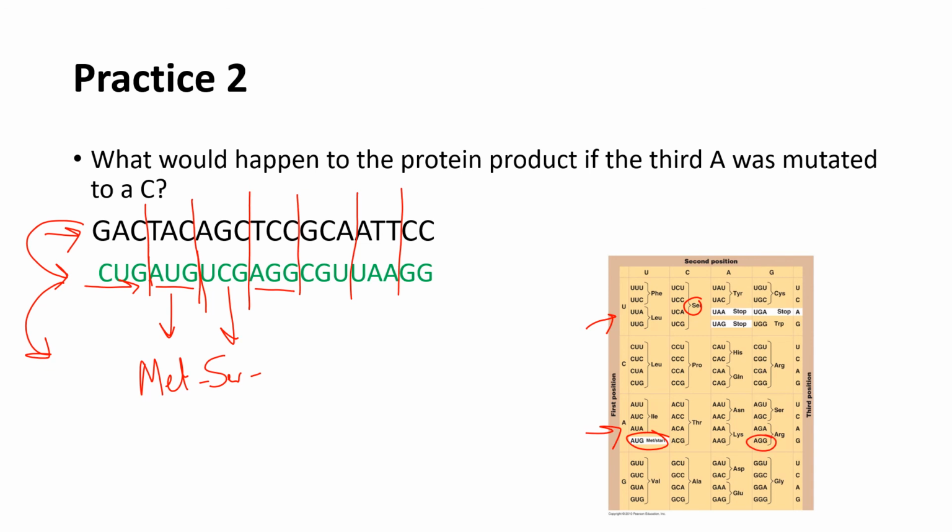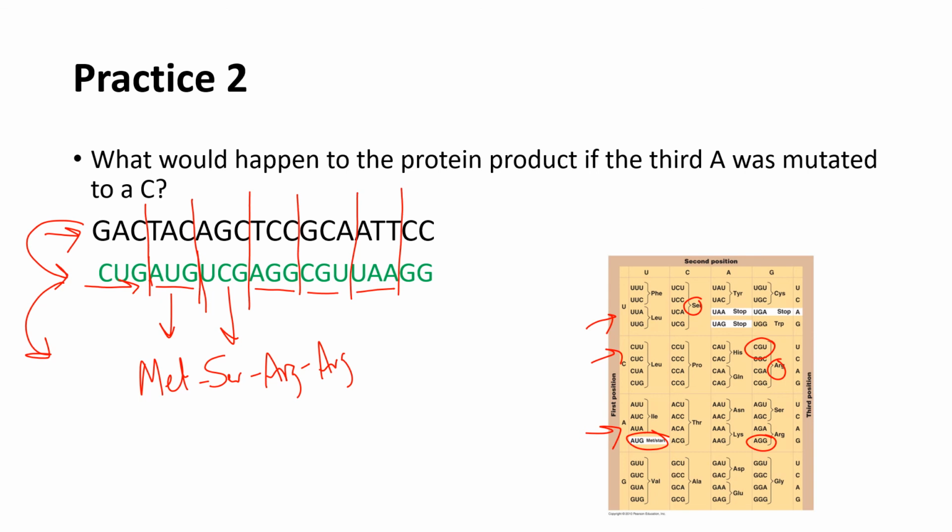AGG is arginine. And then the CGU. CGU is arginine. And UAA was the stop. All right, so that is your original protein, your functional protein.